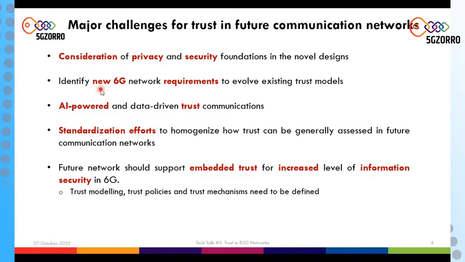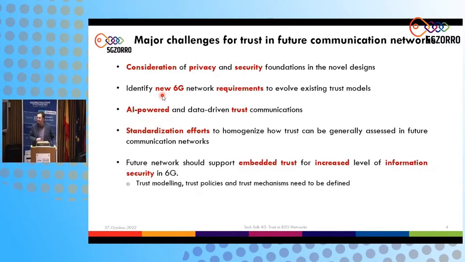And the last one is directly related with something that Diego was mentioning on the virtual function being fully embedded into the network. Can trust be embedded inside the network, inside the services, inside the functions that we are providing, so as to increase it? So this is the last slide from the perspective of 5GZORRO, and this is, again, somehow guiding what we are going to discuss in this roundtable.